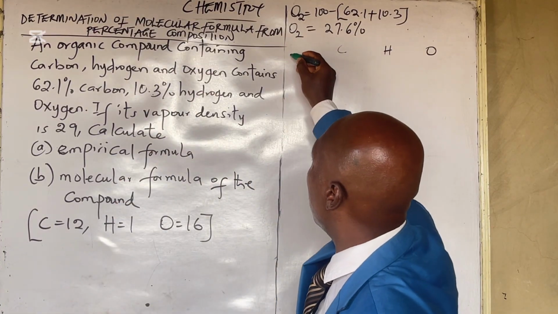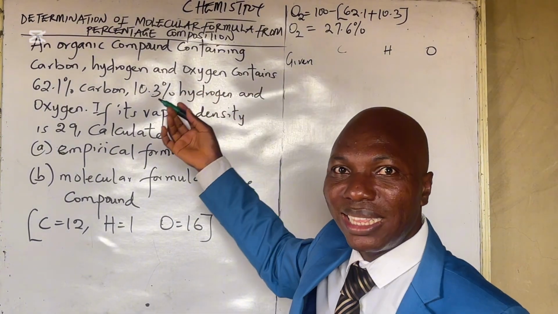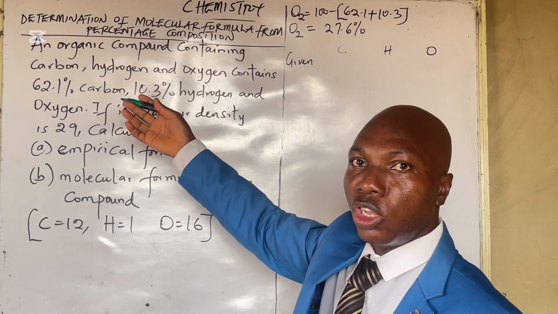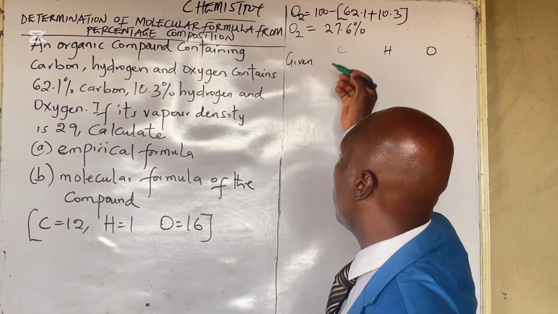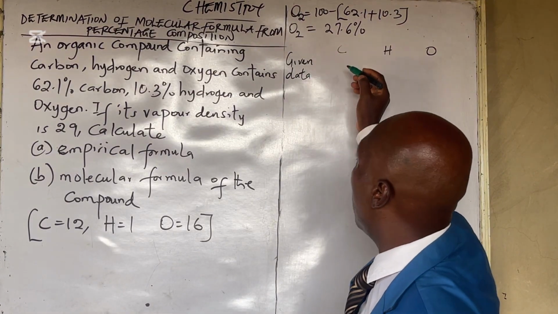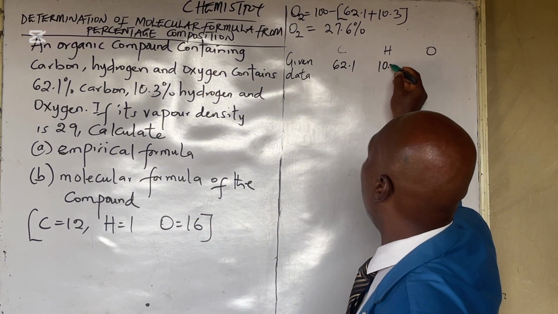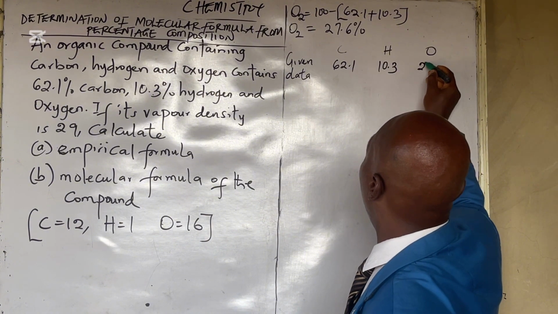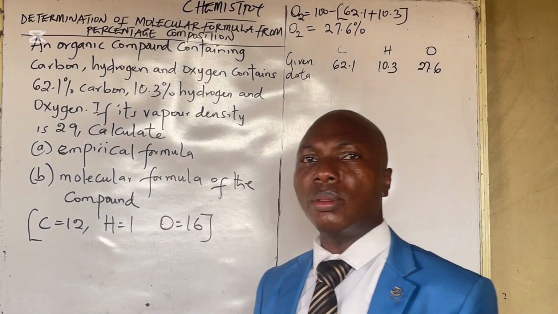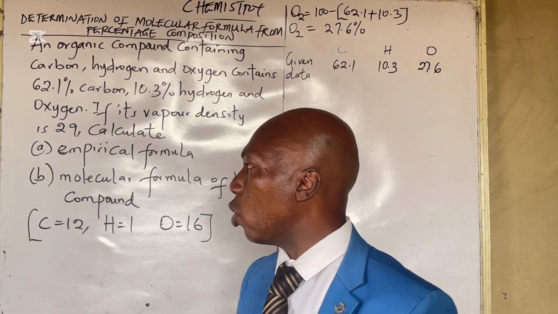So we say given mass or given percentage, and mass are almost equivalent for this course. So the given data, we have 62.1, we have 10.3 and 27.6.